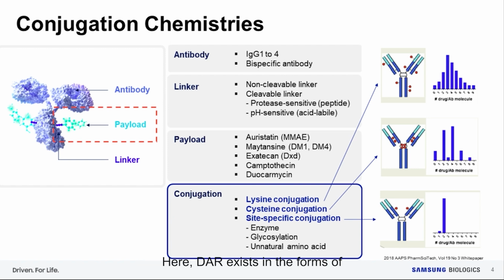So DAR exists in the forms of 0, 2, 4, 6, and 8. Recently, there are many cases where DAR is controlled in one form by limiting the conjugation site through site-specific conjugation with engineered cysteine.